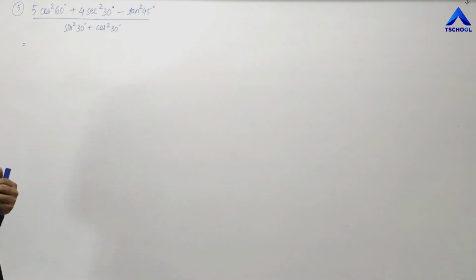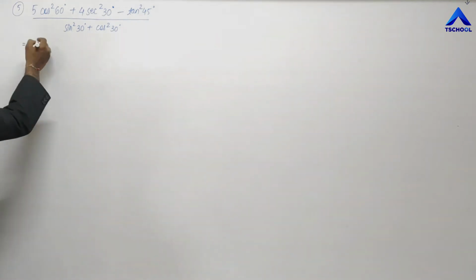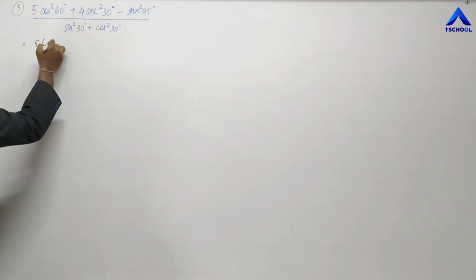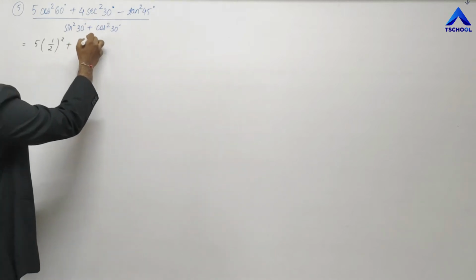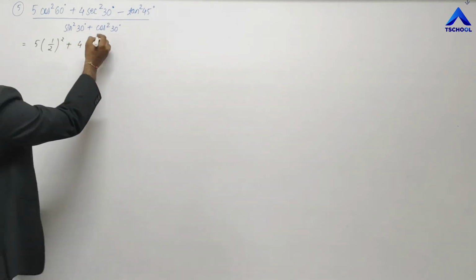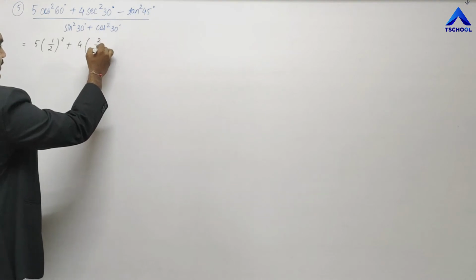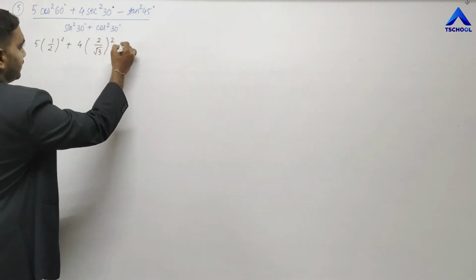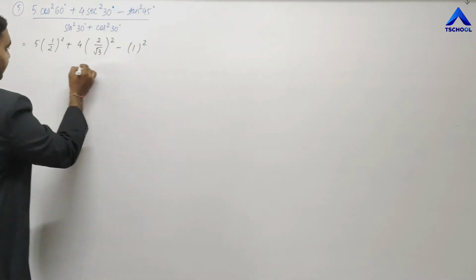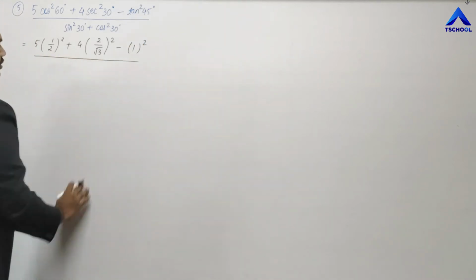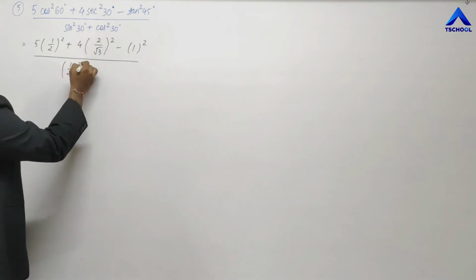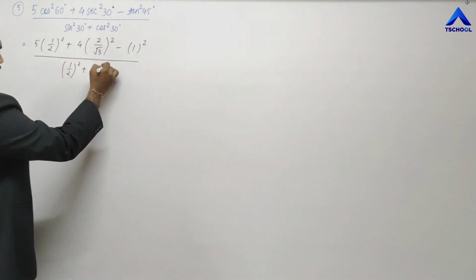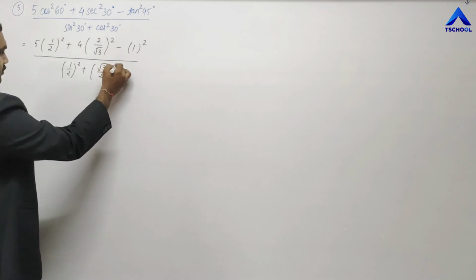I am not going to write down that step again. 5 into cos 60, that is 1 by 2 whole square, plus 4 into sec 30, that is 2 by root 3 whole square, minus tan 45 is 1 whole square, whole divided by sin 30, 1 by 2 whole square, plus cos 30, root 3 by 2 whole square.